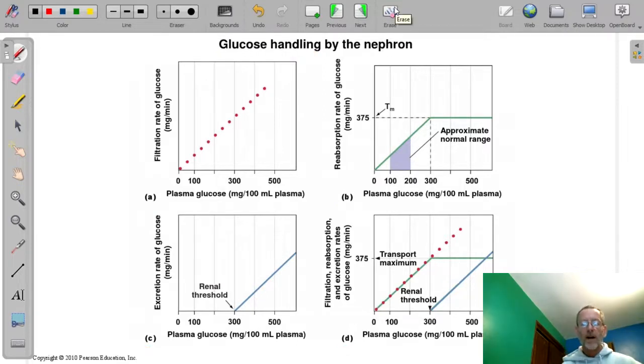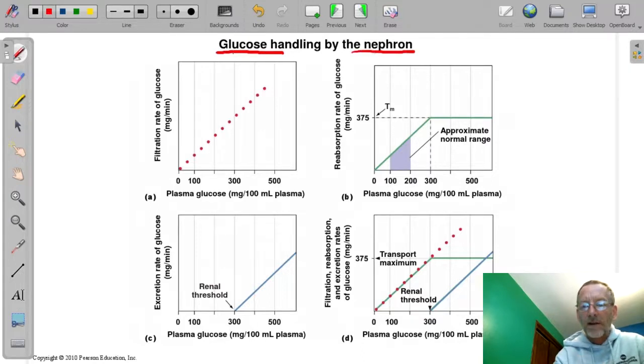Okay, this graph, or series of graphs rather, is using the example of glucose in the nephron. And you know that we have to reabsorb 100% of the glucose as long as it's within normal limits. So it's just a series of 4 panels that breaks down the idea that we looked at on the previous slide.